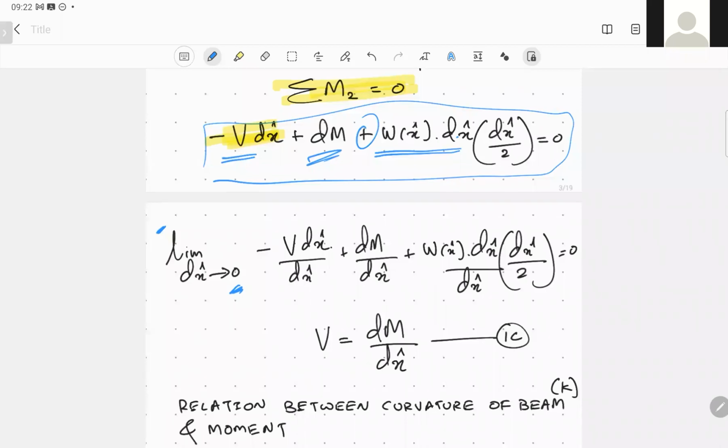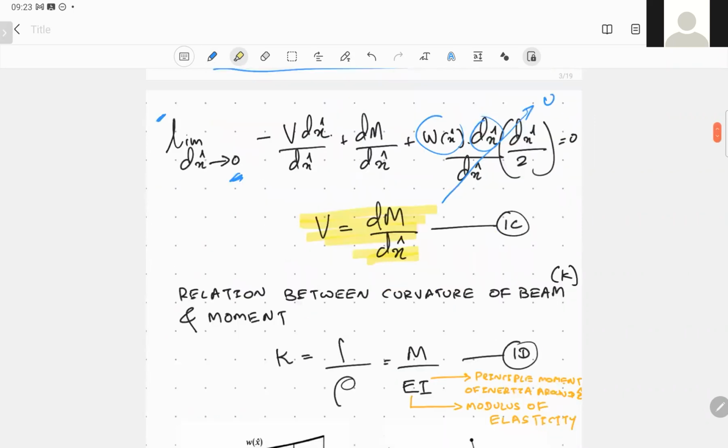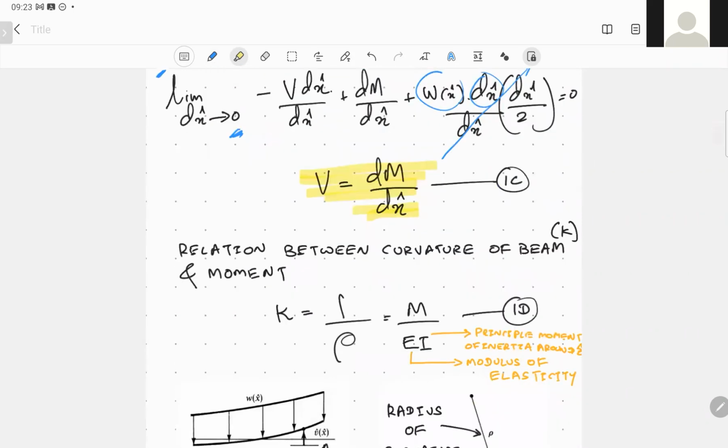So with a bit of simplification, you will realize that when dx hat approaches 0, this term, the w of x hat term, has to be multiplied by a value very close to 0, so this term can be neglected. What you end up with is a relationship between the shear force and the bending moment applied at this elemental component.